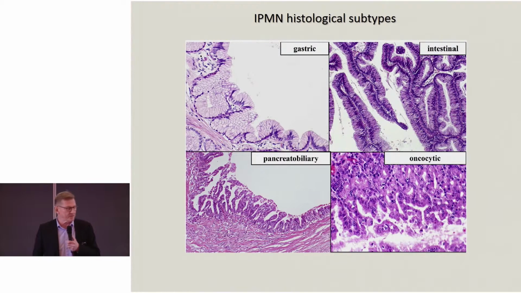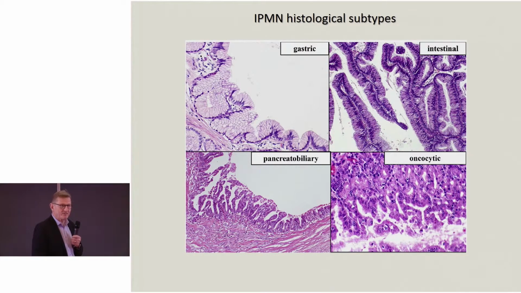Just for your information as well, IPMN, intraductal papillary mucinous neoplasms, come in different types. Some of you will say, of course, we knew that before. Others will not know it, so I mention it. Gastric type, intestinal type, pancreaticobiliary type, oncocytic type.